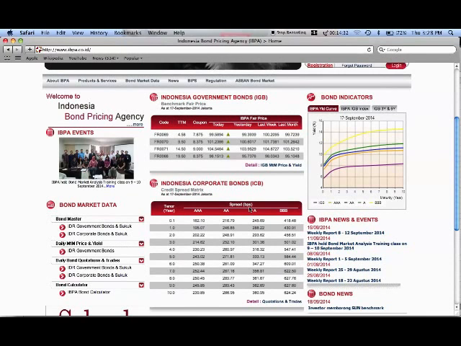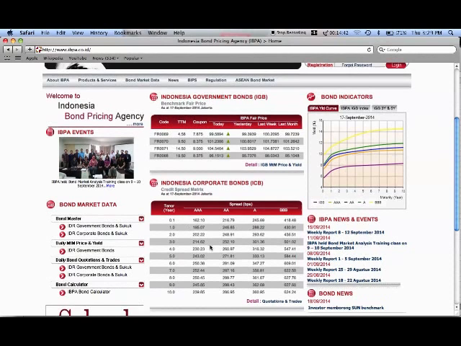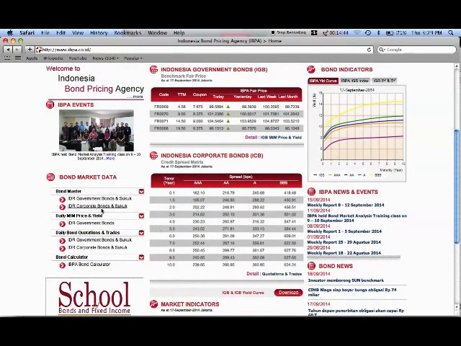BPS means basis points. But I'm going to use the Indonesian government bonds as the reference to give you an example of this issue. If you go to the left side of the screen, you can see the daily MTM price and yield. So I will click that.